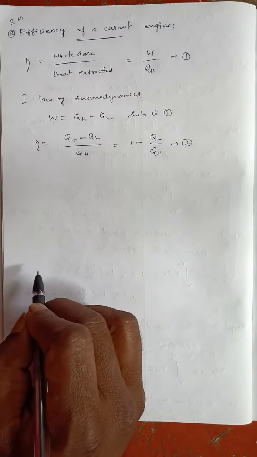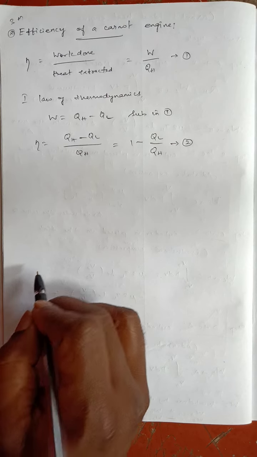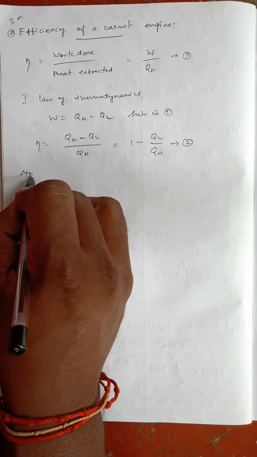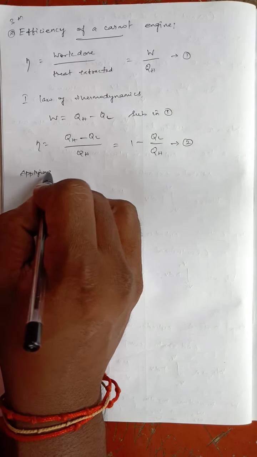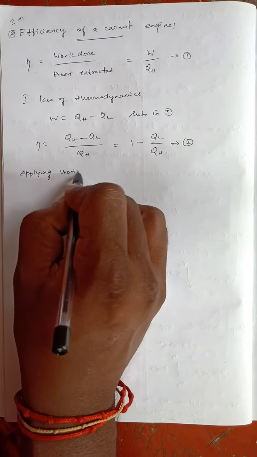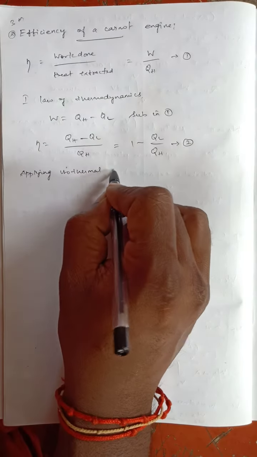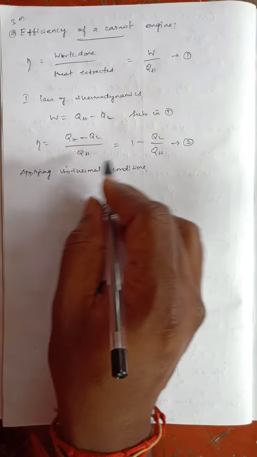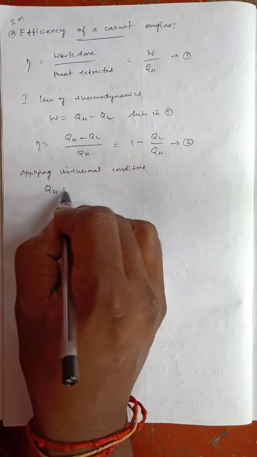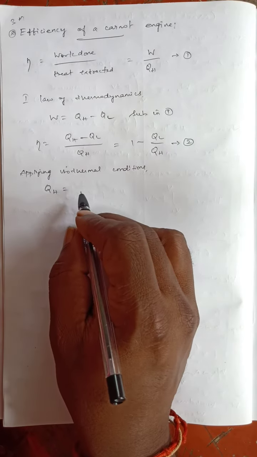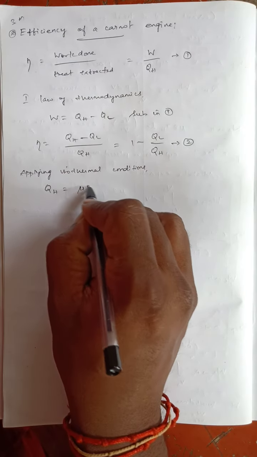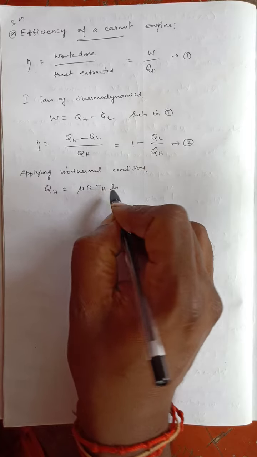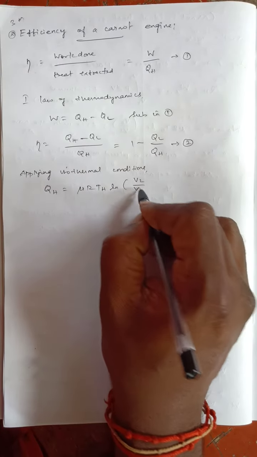Okay. Now we have to apply the isothermal conditions so that we can get the QH value. QH is for the isothermal expansion, so the formula will be mu R TH ln of the volume change V2 by V1.